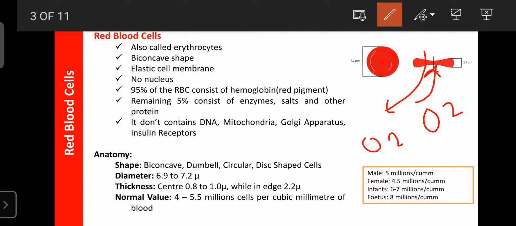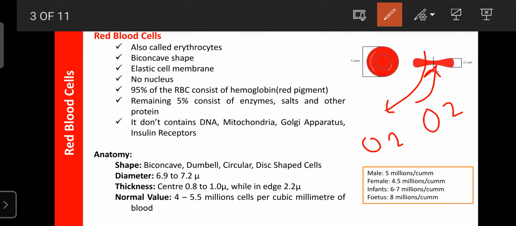That empty space due to lack of nucleus is filled with hemoglobin, and hemoglobin plays an important role in occupying the oxygen and transporting it from one place to another. The remaining 5% of the RBC cytoplasm consists of enzymes, salts and other proteins.